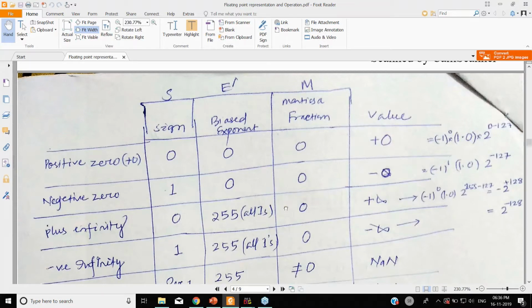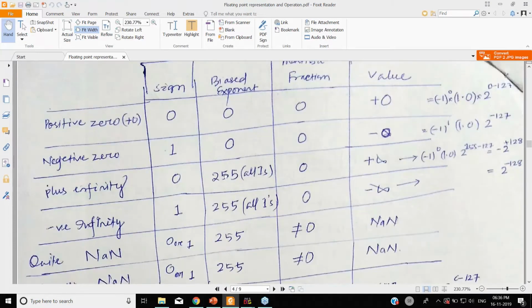Again, as we have already discussed, if the exponent is all 1s, that is value 255, and the fractional part is 0, that will be treated as infinity, positive or negative according to the sign.